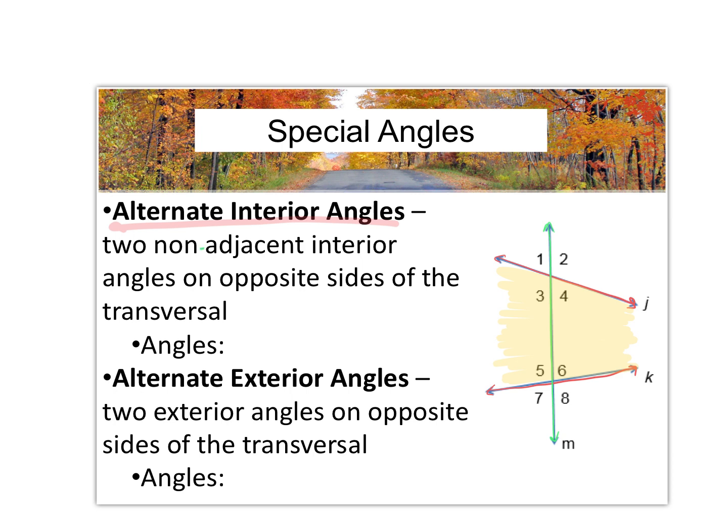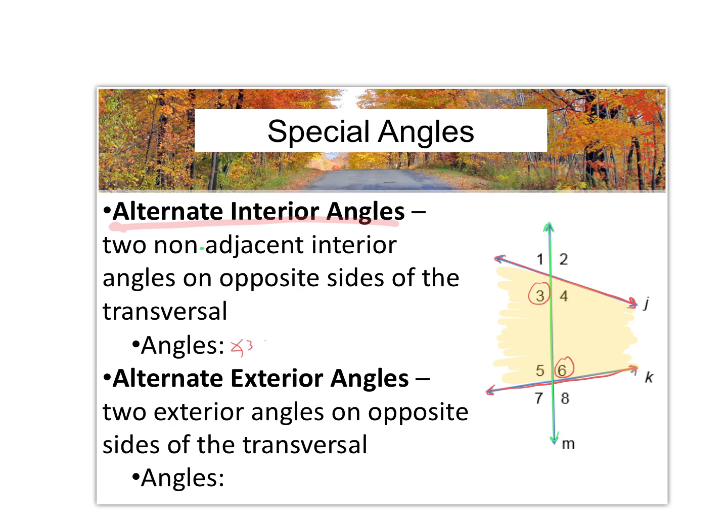So non-adjacent means that they cannot share a side. They're not next to each other, right? So let's think about what this says. Two non-adjacent interior angles on opposite sides of the transversal. Well, if the transversal's in green, we see that angle 3 and angle 6 are on opposite sides of the transversal, and those are not adjacent.